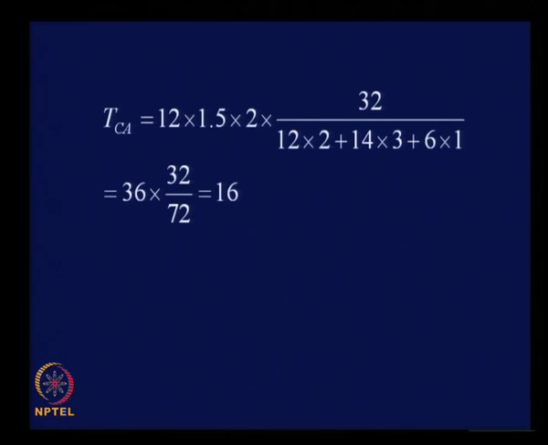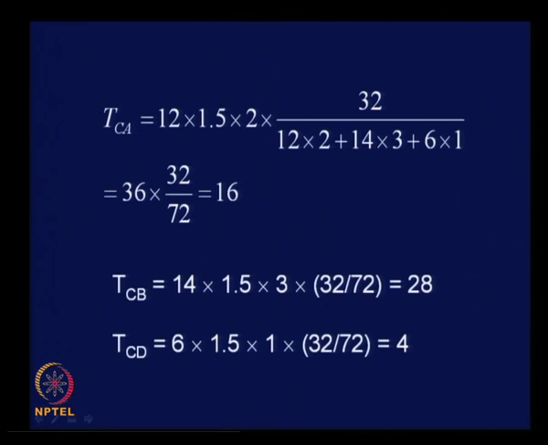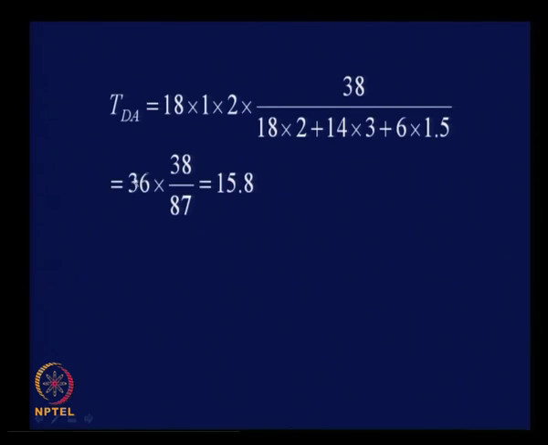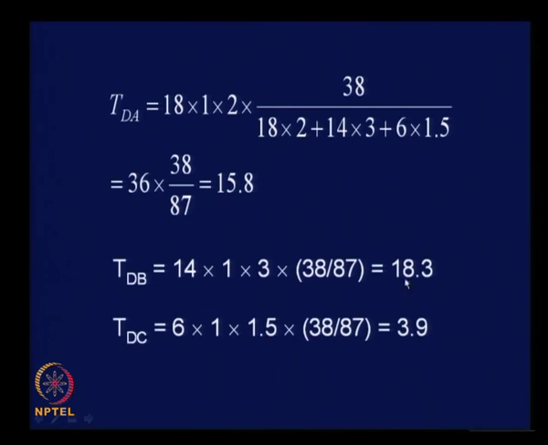Then T_CA will be 16, T_CB 28, T_CD 4, T_DA 15.8, T_DB 18.3, T_DC 3.9.